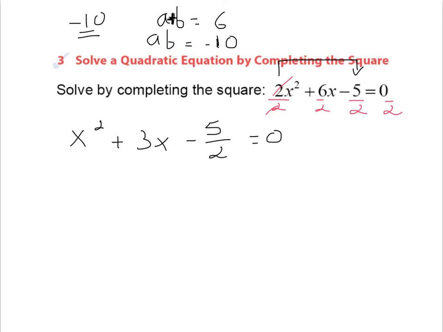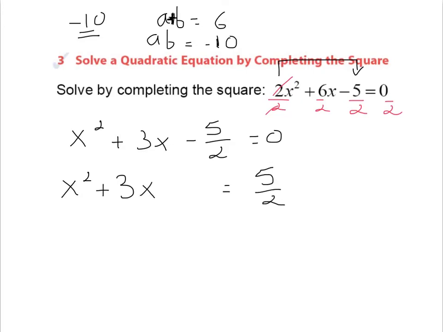The negative 5 over 2 looks a little bit nasty, so let's move it and isolate, and we have this beautiful x squared plus 3x, which is easier to deal with. So x squared plus 3x equals 5 over 2.